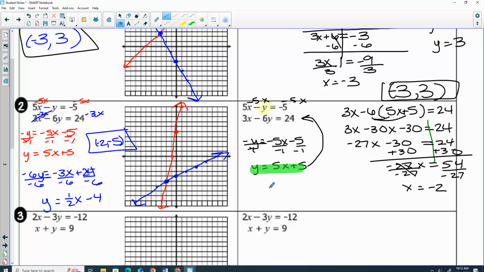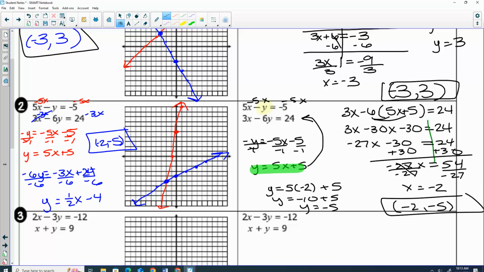So if I plug in my -2, that's 5 times -2 plus 5. -10 plus 5 is -5. And we get the exact same answer we got when we graphed. Yes? Can we just use the ones that we already simplified on the other side? Yep. Maybe I'll do that. Yep, that'll work.